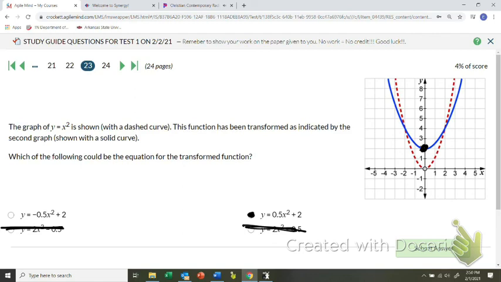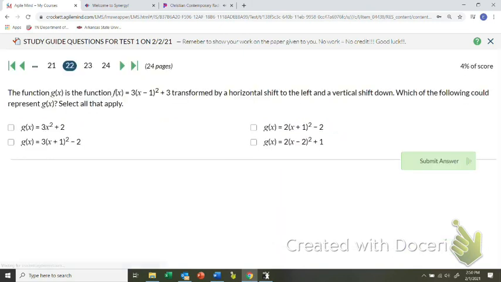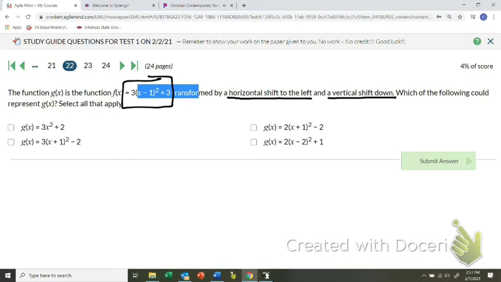All right, let's go back to 22. Sorry, I thought I was on 22. Okay. All right, here's the function rule right here, the one we're given: 3 times x minus 1 squared plus 3. It tells us it does 2 things: a horizontal shift to the left and a vertical shift down.